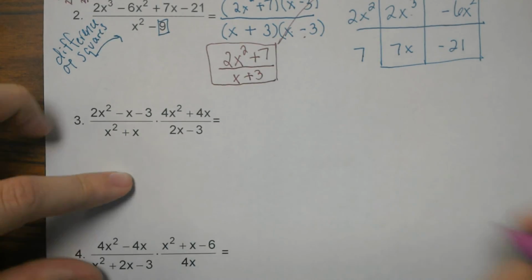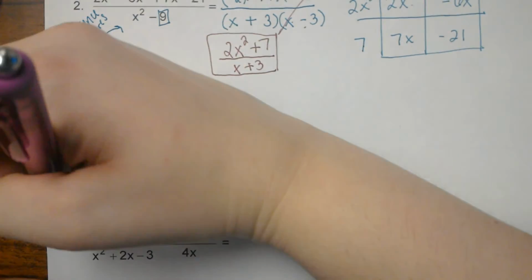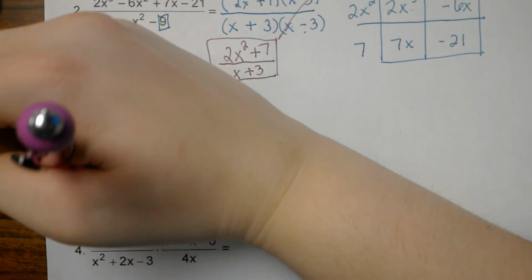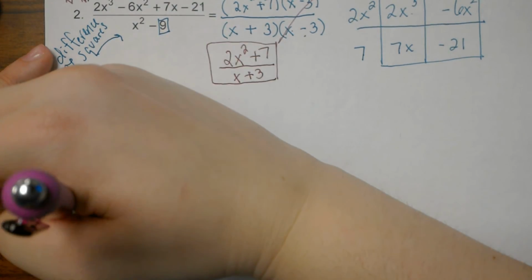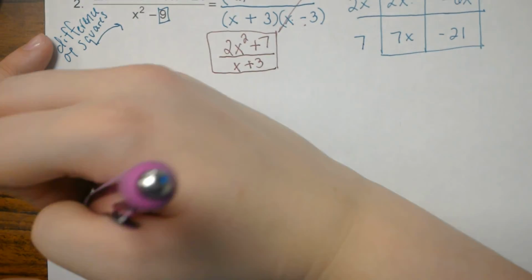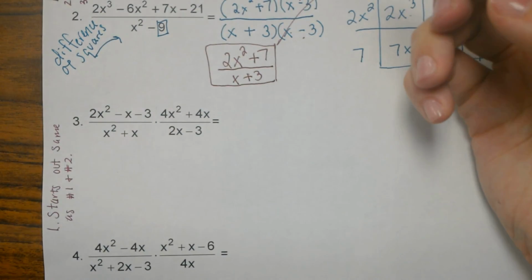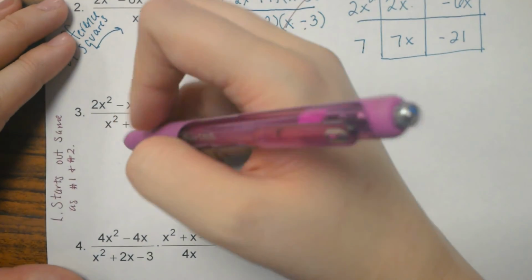And here, when I'm multiplying, it's almost the same as if I'm simplifying, but I have 2 fractions. And so I have more things to factor.